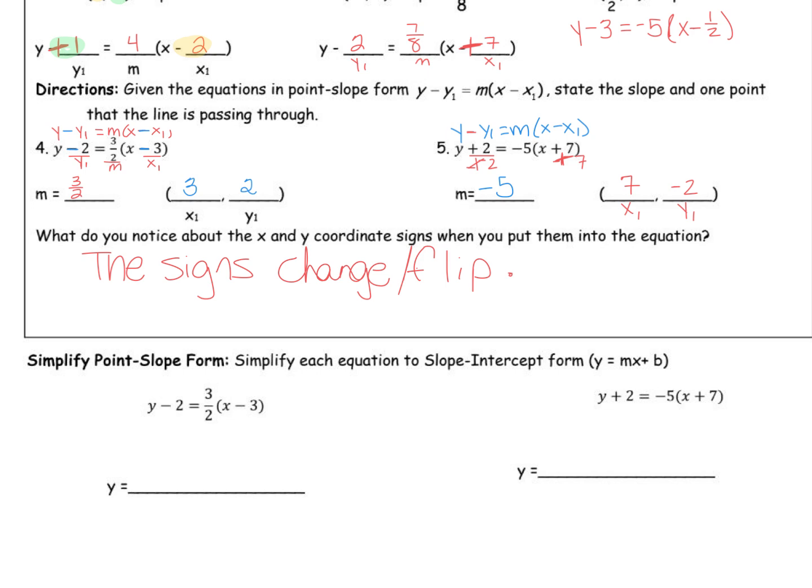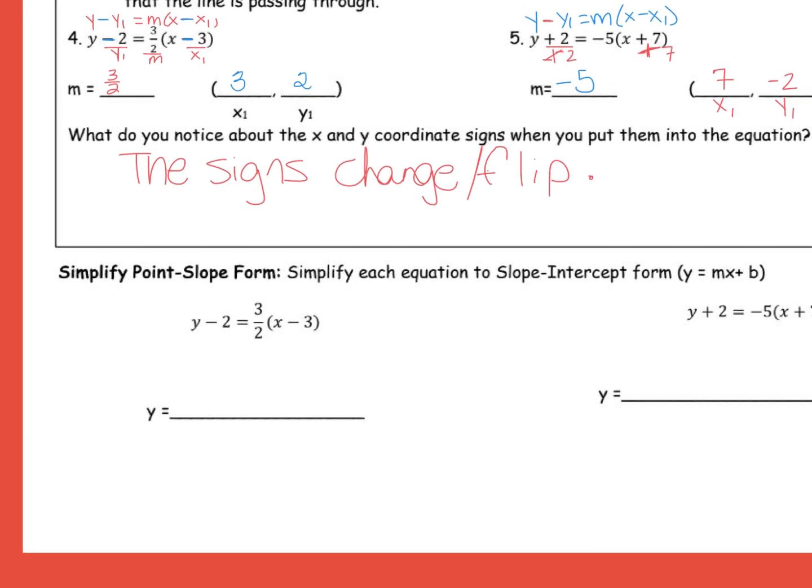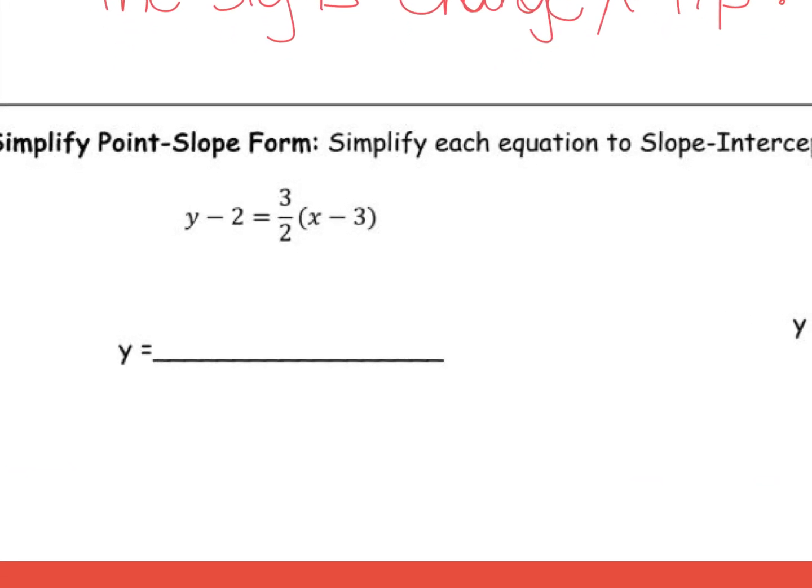So now let's do a little bit of what we've done before, and we're going to change this to y equals mx plus b. So we're going to distribute, and we've done these steps multiple times. -3/2x. -3/2 times -3, use your calculator, is -9/2.